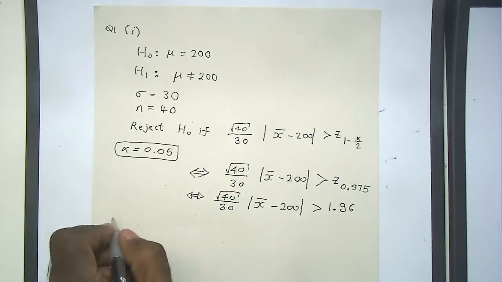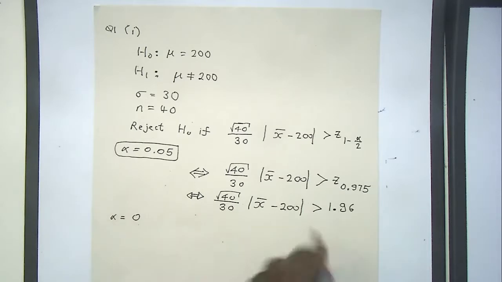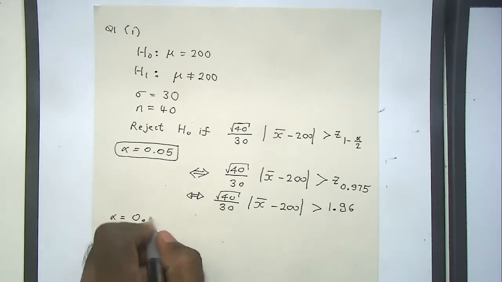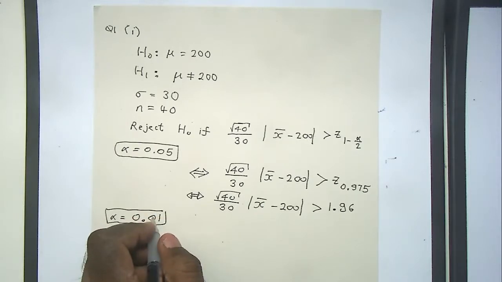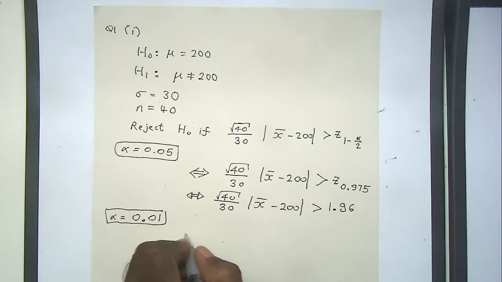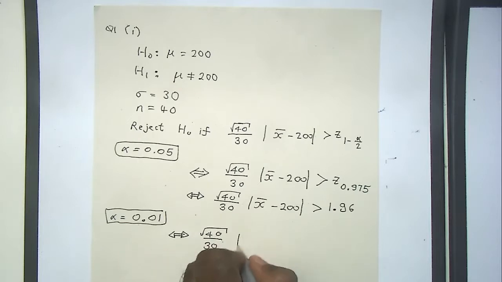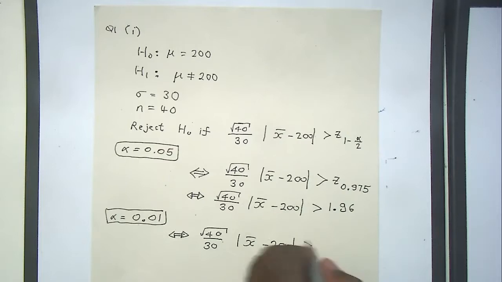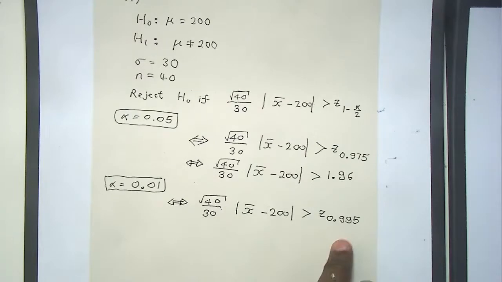Okay. Now, if alpha is 0.01, right? Then this would be... Can somebody read this for me, please?